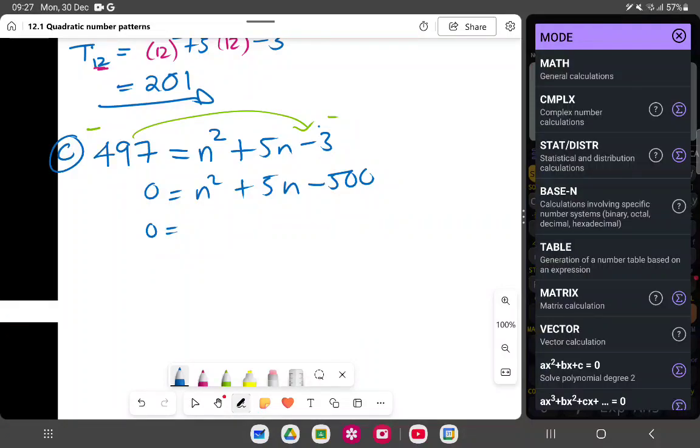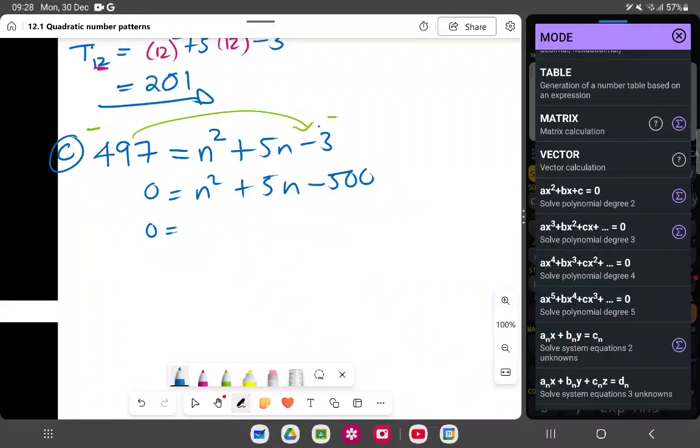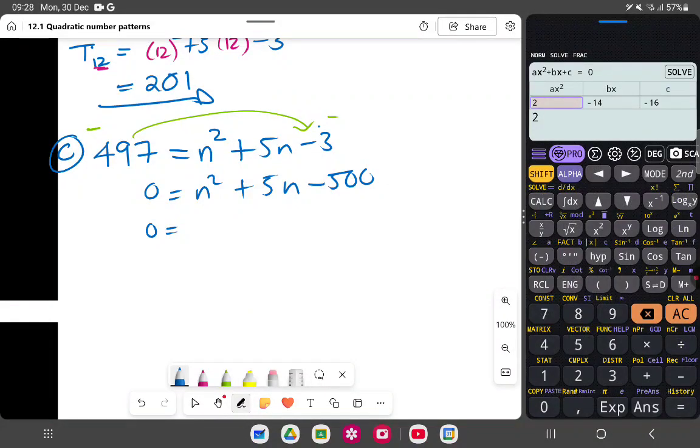So I went to mode, and I want you to look for equation. It will be option number 5. Option number 5, you're going to click mode 5, and then you are going to look for option number 3, which says ax squared plus bx plus c equals 0. This is the one I want you to have.